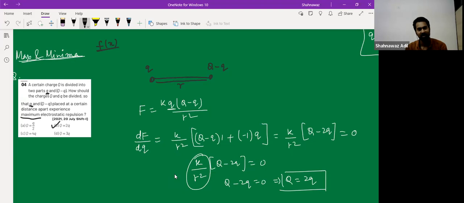Sir, for derivating it, are we using the nx raised to n minus 1 formula? Yes, in taking the derivative, which formula? Nx raised to n minus 1.